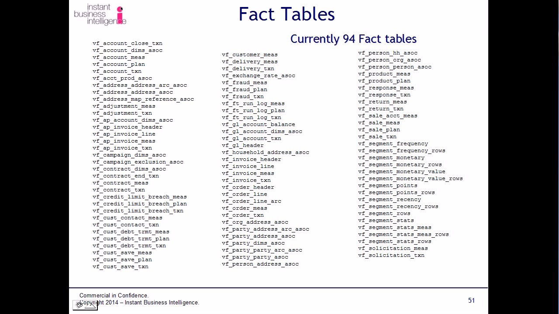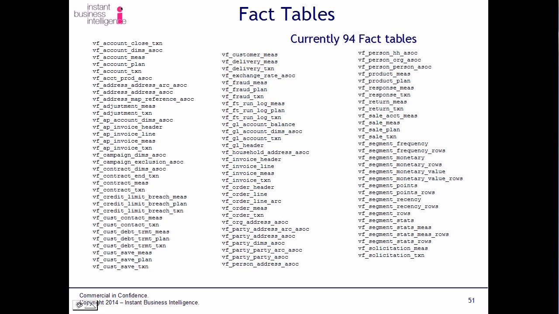I'll move the cursor off the screen because it will probably just disturb you. So you can listen and you can read along. We have the address to map reference. So if you have some mapping software and you want to link the mapping software to the address, we actually have an association table which allows you to link mapping software to addresses through our data model if you want.